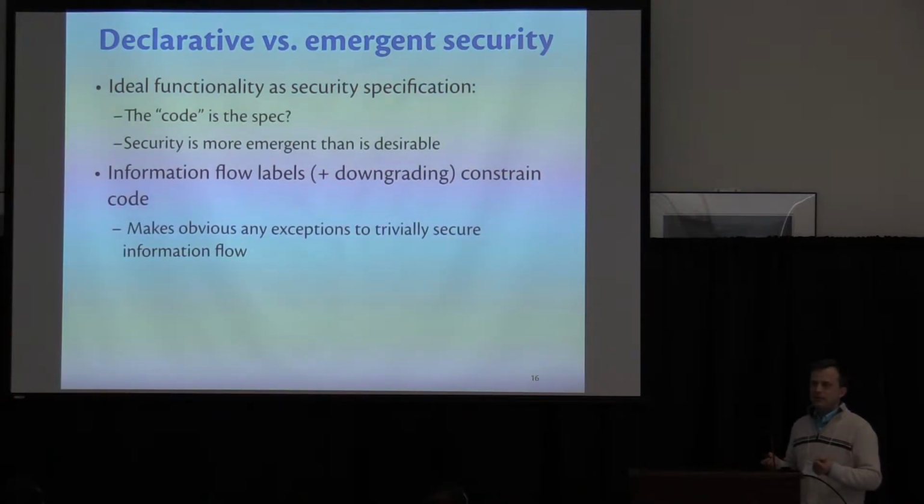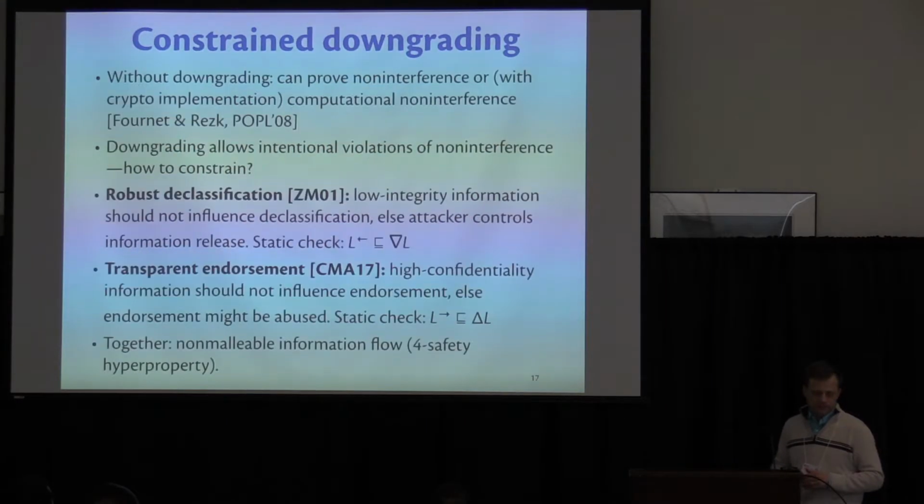And every time you stick in downgrading, it's a chance for you to think, okay, is that really a sensible thing? Why is downgrading okay here? And you have a little argument with your office mates about this. And that's a really constructive process, is what we found. Okay, so this is why I feel that this information flow view is, in a sense, more declarative than the ideal functionality view, where you're getting a more emergent version of security.